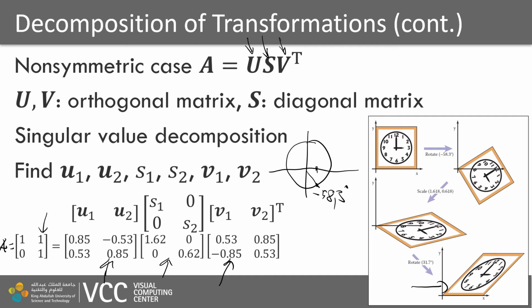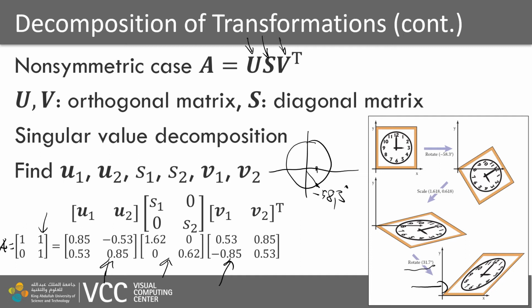Then we have the scaling. Along the x-axis, we are performing much stronger scaling than along the y-axis on this rotated object. And then we are performing a rotation, which we already had; this was around 30 degrees from the previous case, and here you can see, yes, it's 31.7.